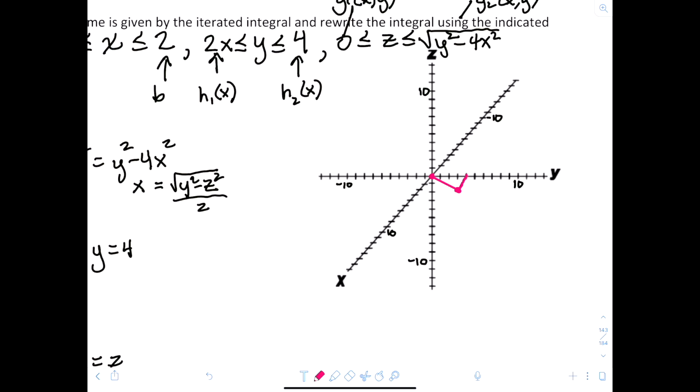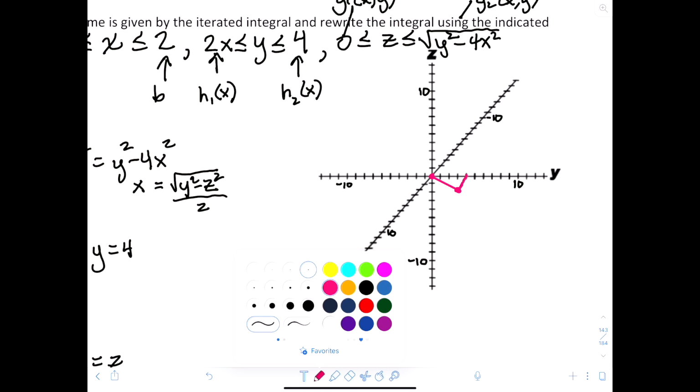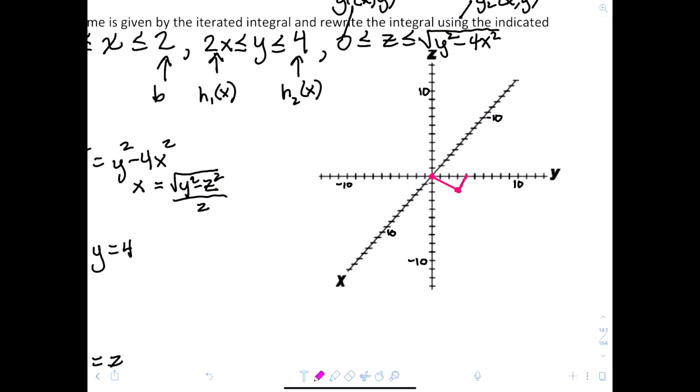We need to do our x is 0. If we do our x is 0 all the time, it's going to look something like this. So this would be when x is 0 and z is 0, remember, so y would be 4.